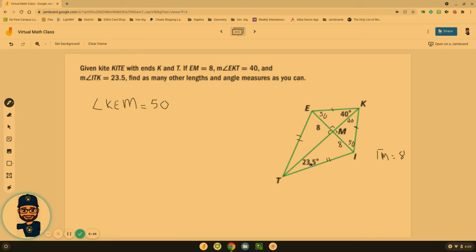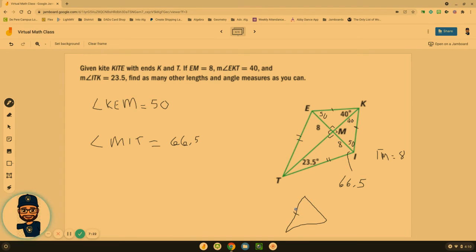If this one's 23.5 and this is 90, we can then find angle MIT. 180 minus 90 minus 23.5 would be 66.5. So we know that this angle right there is 66.5. Again, if we took this bottom triangle off, just draw it down here for a second to illustrate.